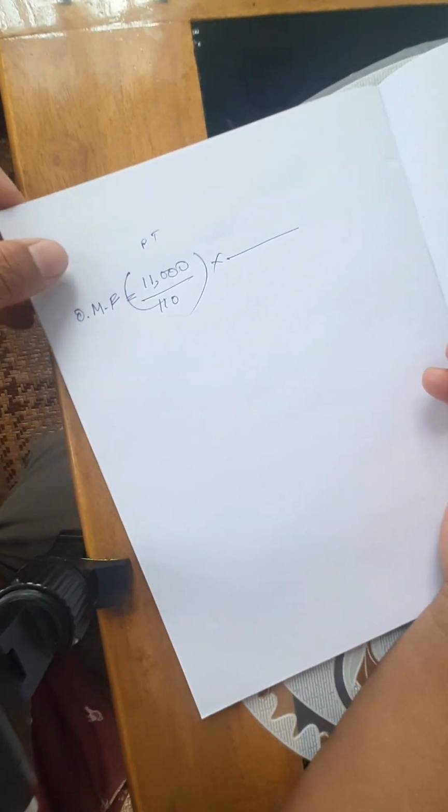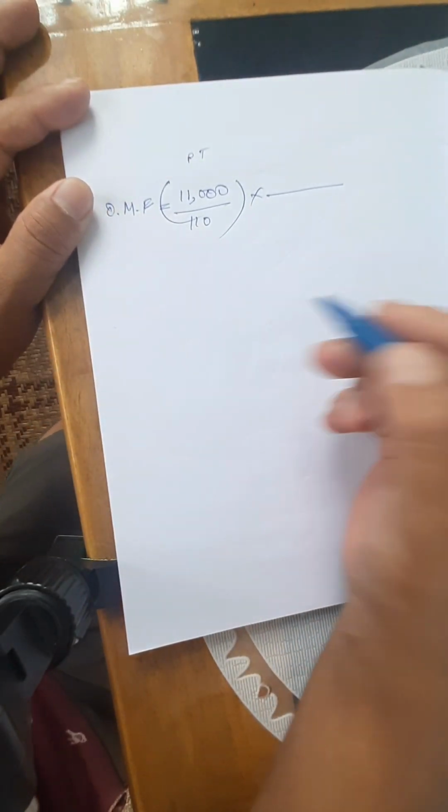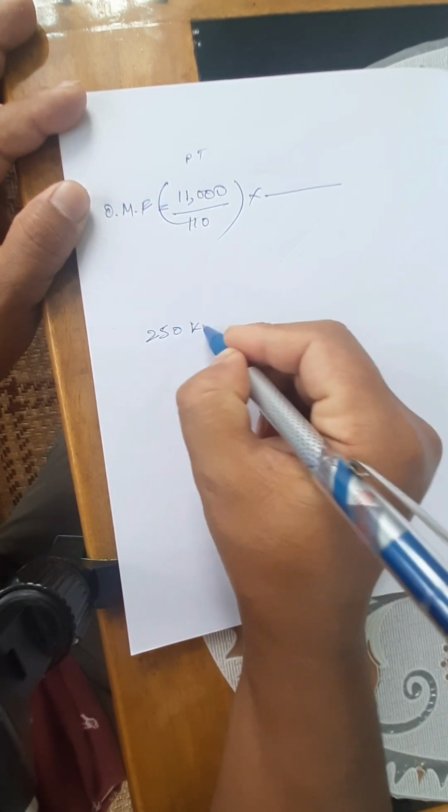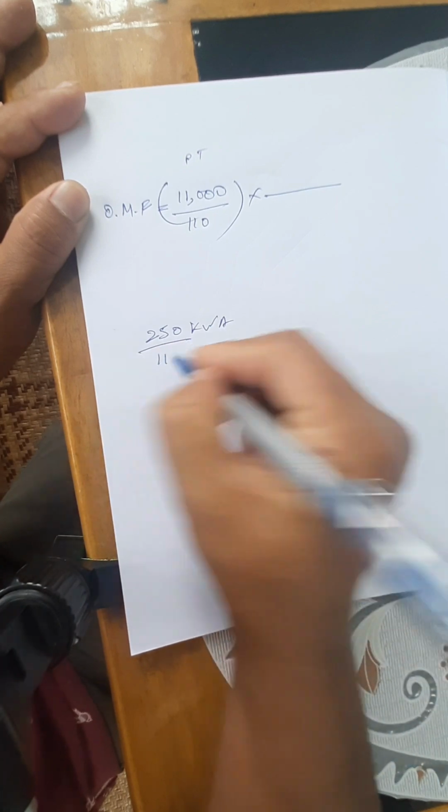So we base the calculation on the connected load. For example, if your connected load is 250 kVA, then we divide it using 11 kV.